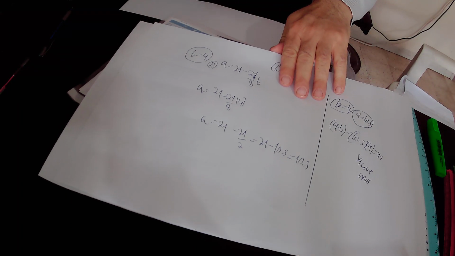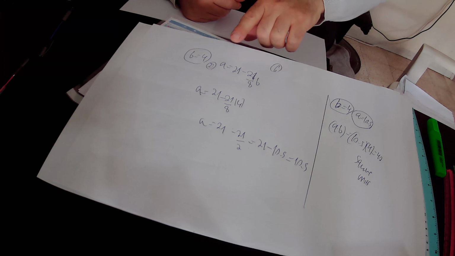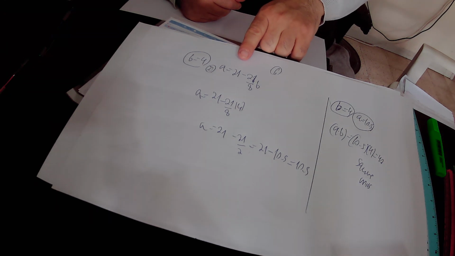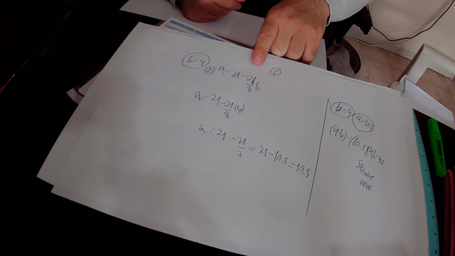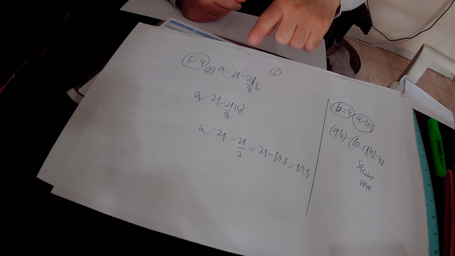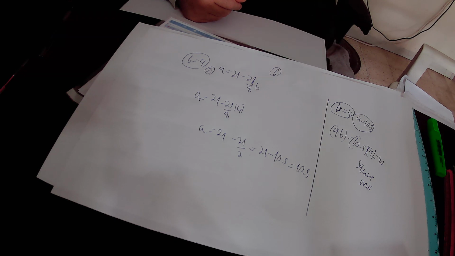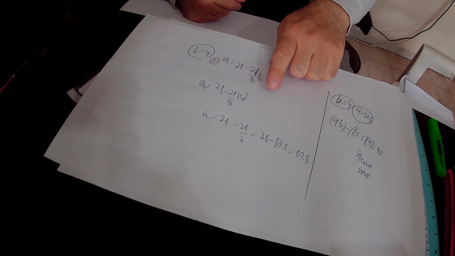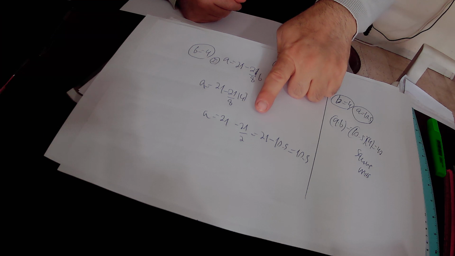According to equation 1, the length A equals to 21 minus 21 over 8 times B. We just have to substitute B by 4. So A equals to 21 minus 21 over 8 times B, and B is 4, so it is times 4.